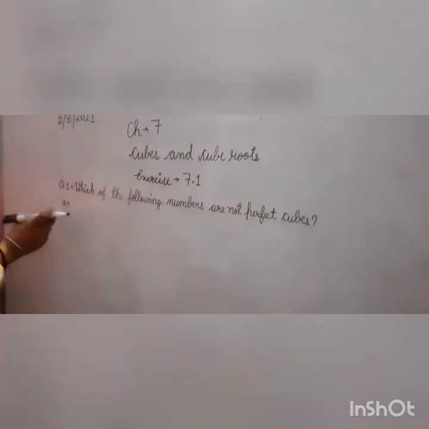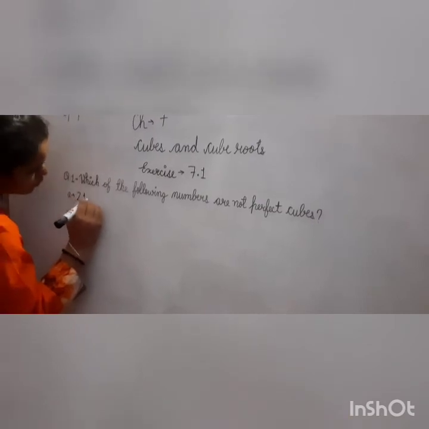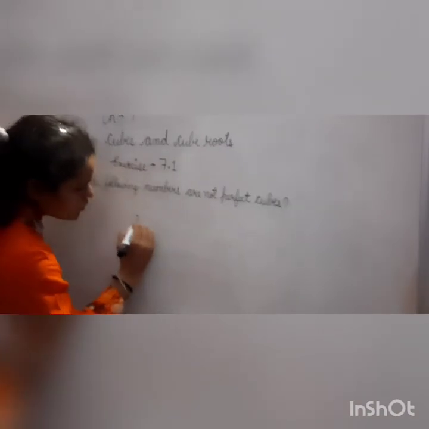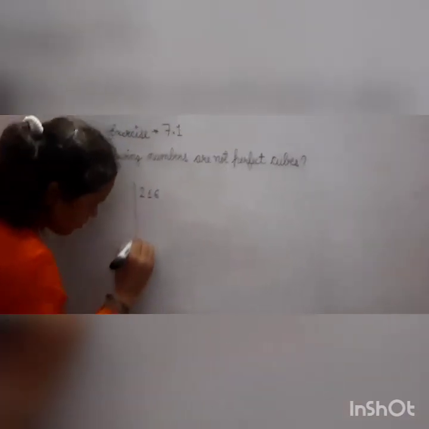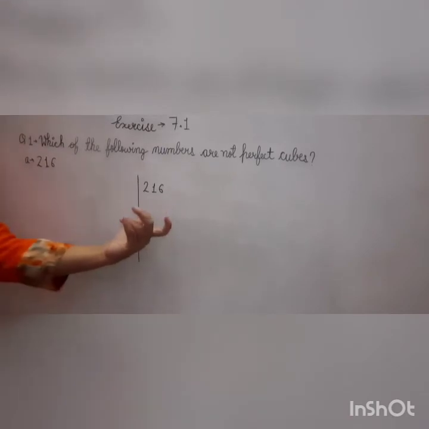For its A part, it is 216. So what you have to do is solve it by the prime factorization method. And when you do this question in your notebook, you have to show the prime factorization method also.